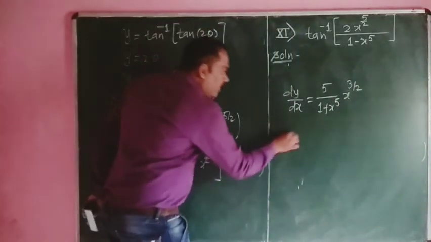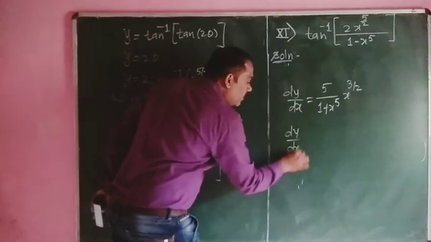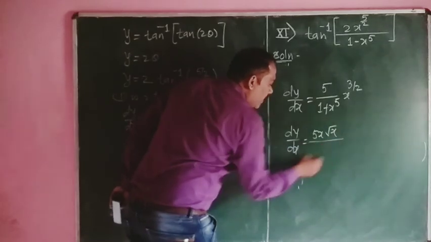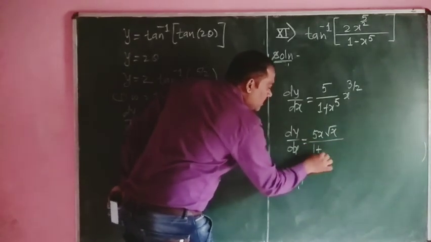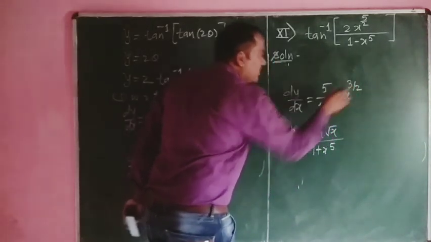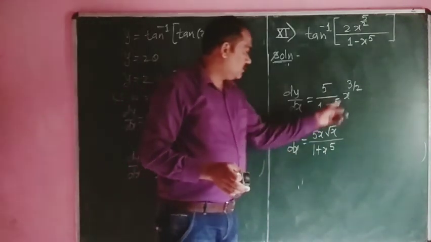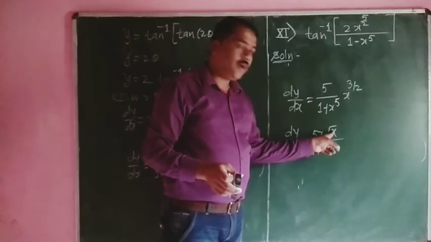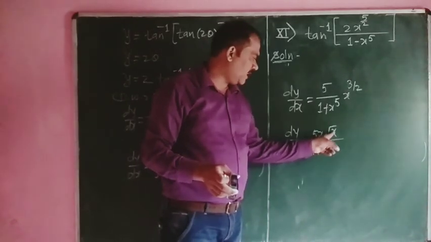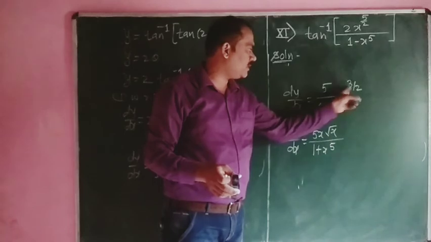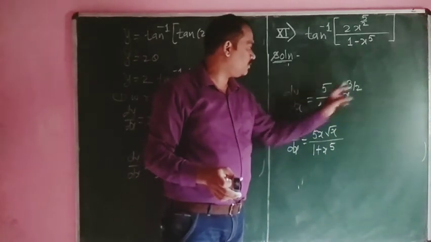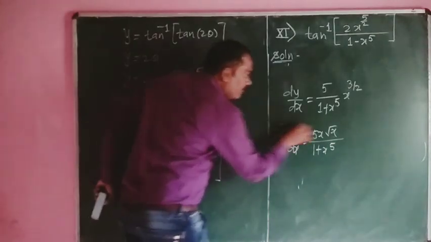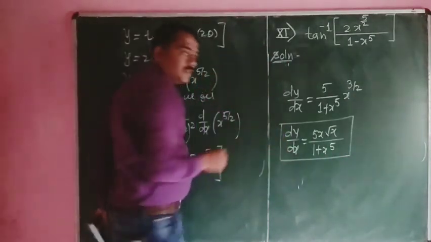That is dy by dx is equal to 5x into root x divided by 1 plus x raised to 5. X raised to 3 by 2 is nothing but x into root of x. Here the power is 1, here the power is 1 half. In multiplication the base is the same, so 1 plus 1 half is nothing but 3 by 2. So x raised to 3 by 2 can be written as x into root of x, which is the required answer.